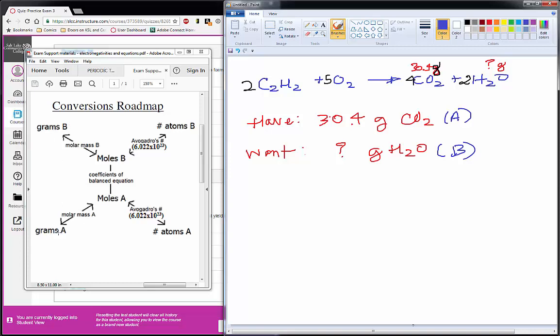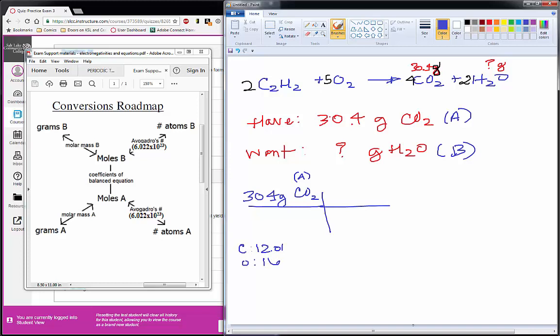It tells me exactly what to do. It says, hey, you should start with a molar mass of A and convert that to moles of A. Oh, okay, I could do that. A is carbon dioxide, right? So if I start with 30.4 grams carbon dioxide, which is A, use the molar mass of A. Okay, I'll look at the periodic table. Carbon is 12.01, oxygen is 16.